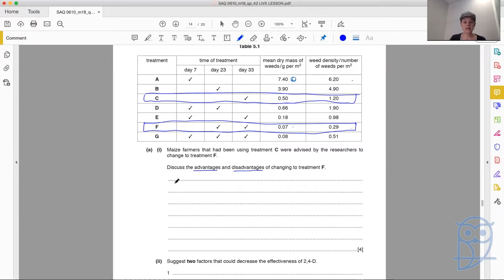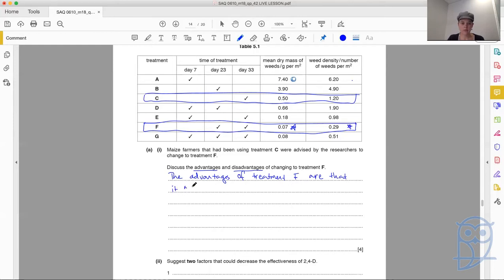So if we consider the advantages, sorry, 4 marks, we're going to aim for 2 of both, of treatment F, are that, and we already noted it, we've got a very low dry mass and density.